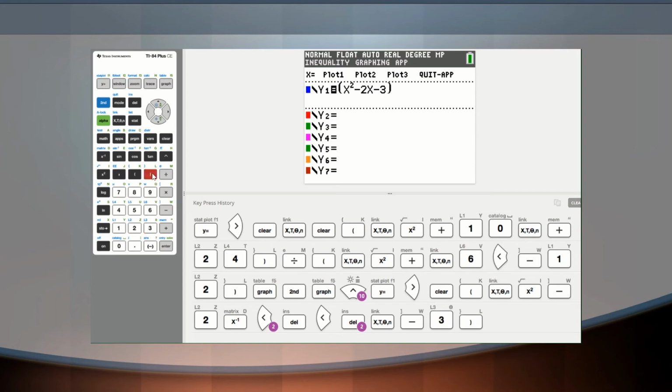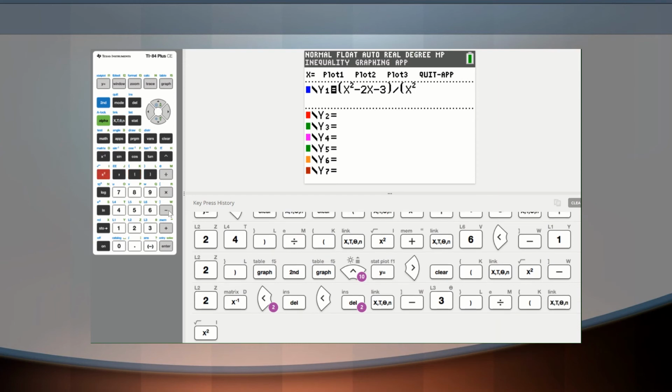Close the parentheses, hit the division symbol. Come back in here with another parentheses. x squared minus 4x and then -5. Close the parentheses, hit the graph button.